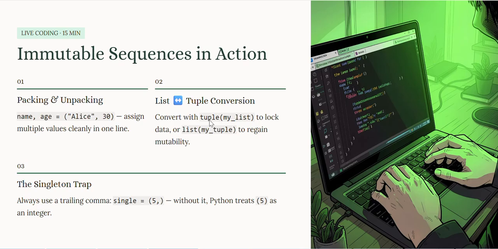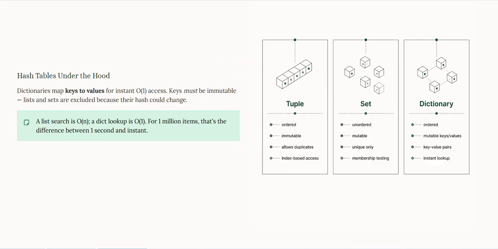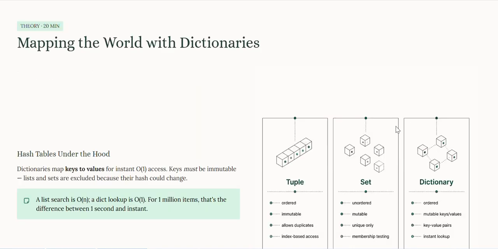Convert with tuple and then the list name to lock data, or list of the tuple to regain mutability. Just like in the previous one, tuples are immutable, and lists are mutable.